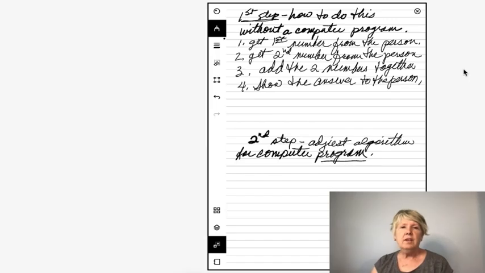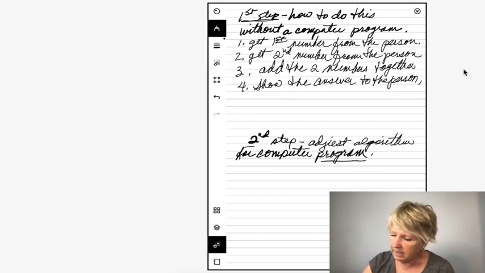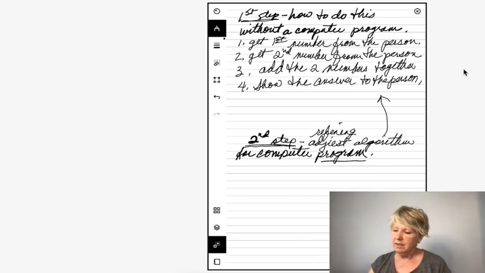That's how you get two numbers from someone, add them together, and then show them the answer. So now we're going to take that and do the second step, which is adjusting or refining this algorithm for use by a computer program.